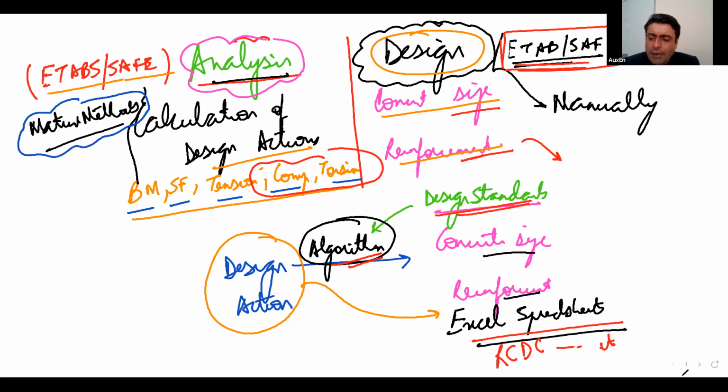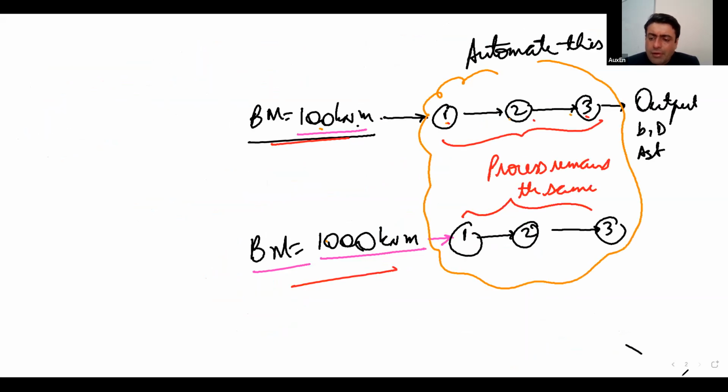Now many structural firms, many structural engineers, even we also, when we are doing projects, many times what we do is that we take the design actions from ETABS, STAAD or SAFE results.